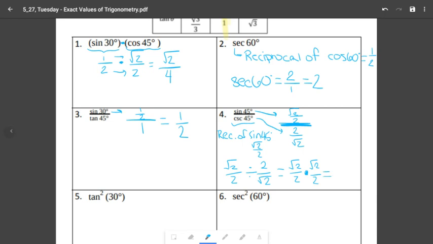And now multiplying, just like what we did in question 1, we're going to multiply the 2 tops together. Radical 2 times radical 2 is radical 4, and radical 4 is 2. And on the bottom, 2 times 2 is 4. No simplifying there, so the 4 comes over, and then 2/4 is 1/2.